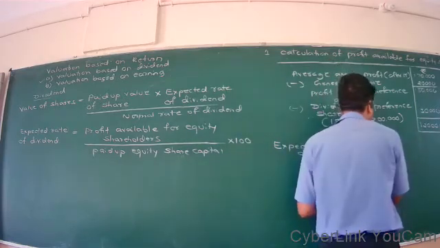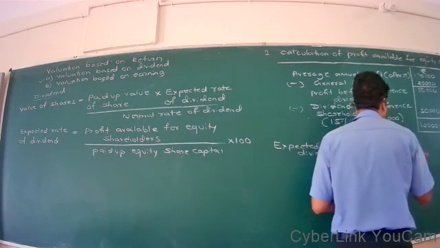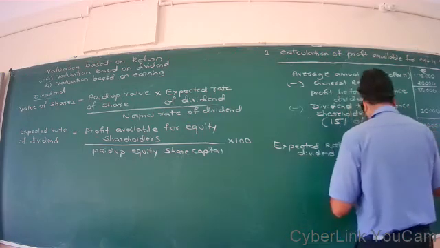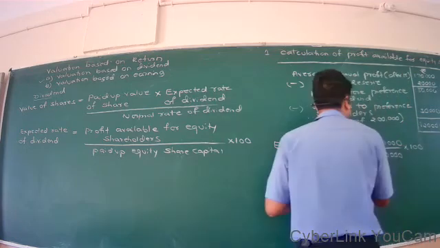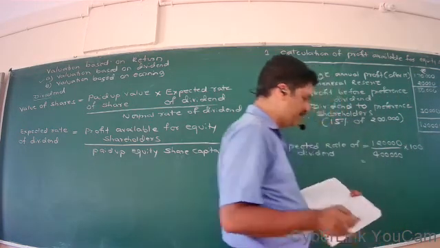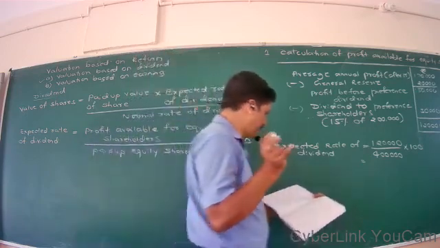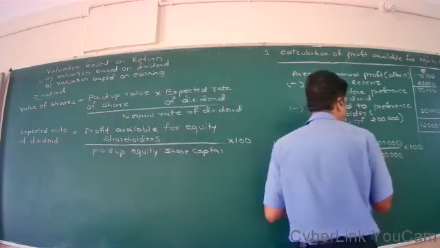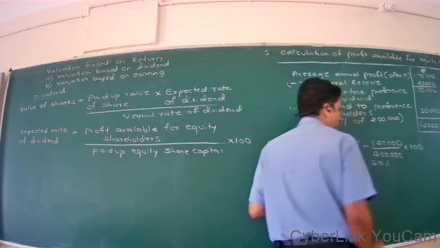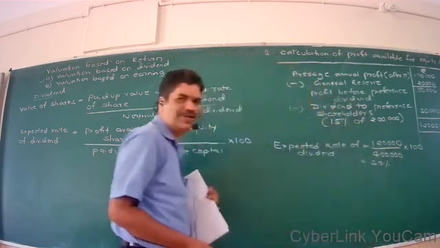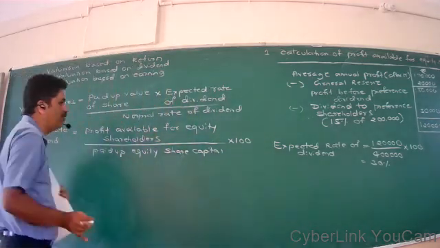Paid up equity share capital is 40,000 into 10, which becomes 4 lakh. So 30% is the expected rate of dividend.